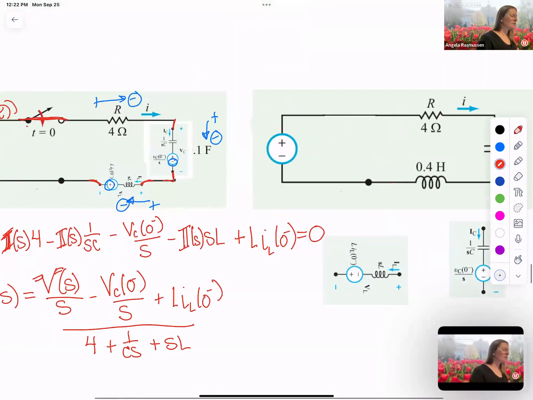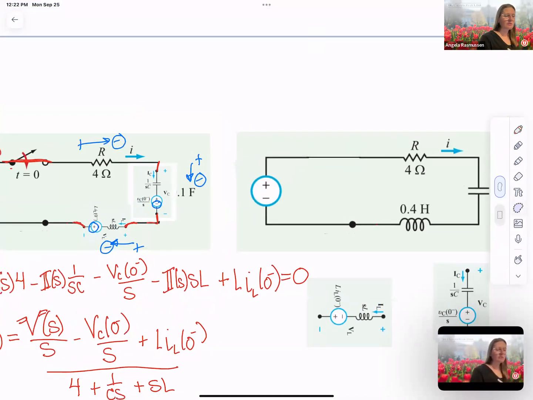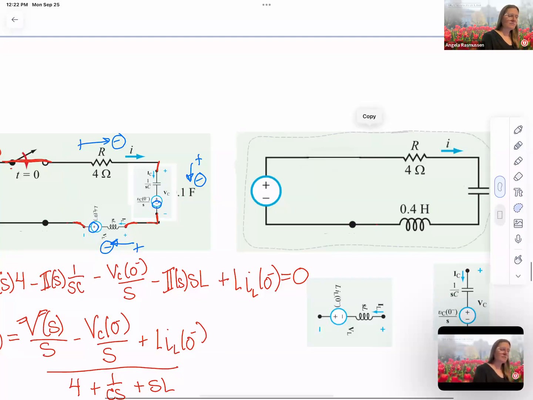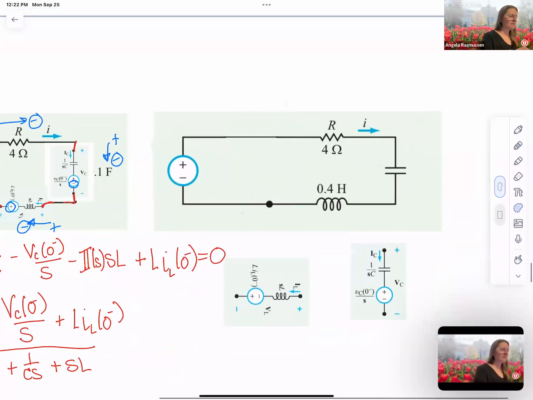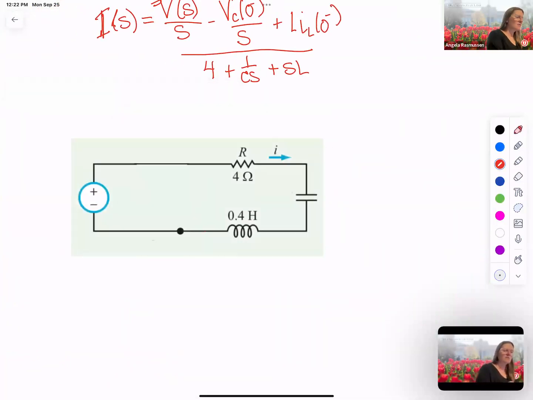So it was open first and then closed. So it's 0 minus. So this is open. This will be open and this will be a short.